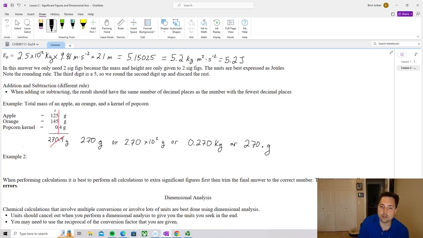That is sometimes what we'll see. That helps us indicate that this last value here is significant. We know it to the ones digit, not just the tens digit.